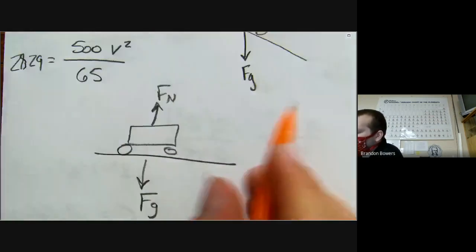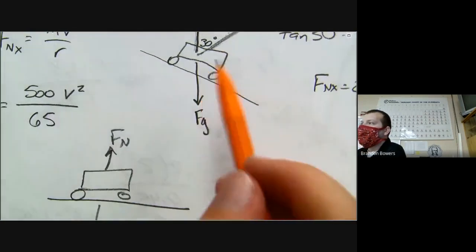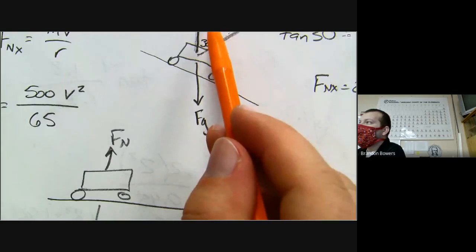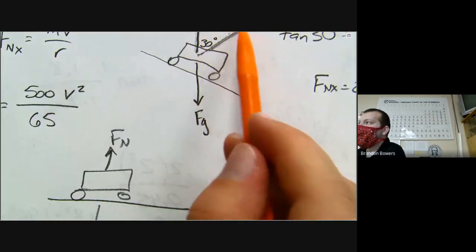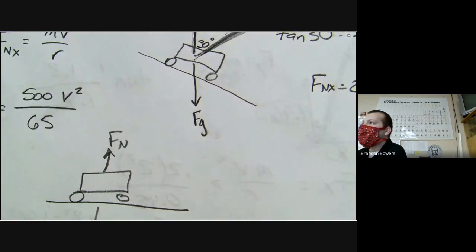But in this case, since I'm on a curve, my force of gravity will not equal my force normal. It will equal the force normal in the y. Because then there's going to be a force normal in the x, and that will equal my overall force normal. Okay. Does that kind of help out?